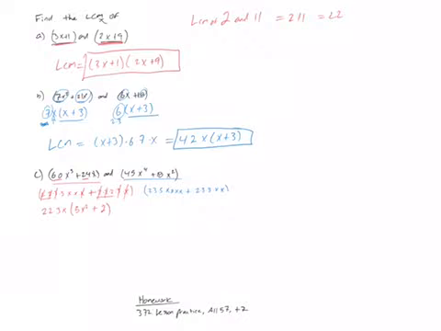So notice they have 2 3's in common and 2 x's in common. What's left over is a 5x squared, right? 2 x's plus 2. Okay? A little bit of work, but we can still get there.